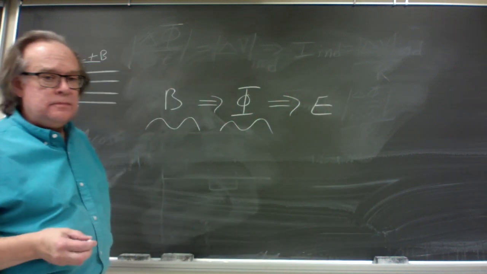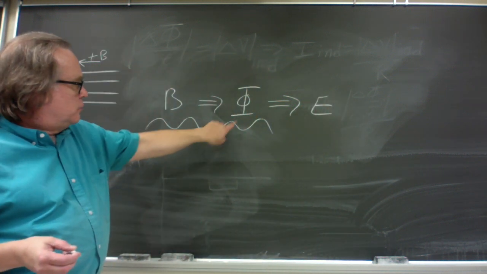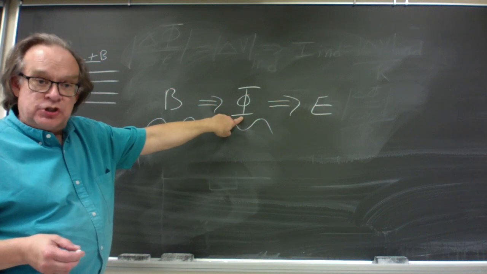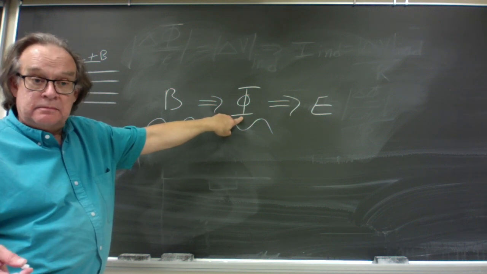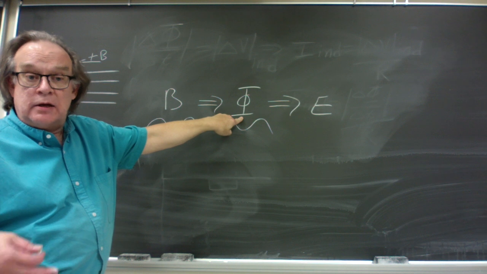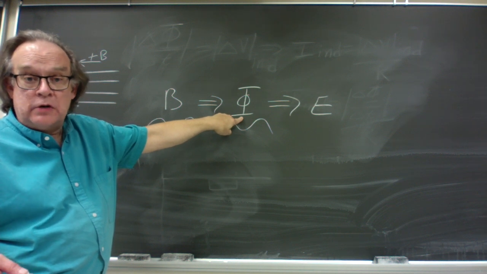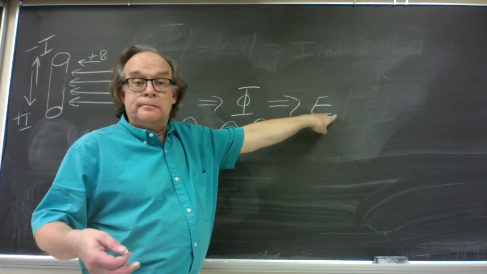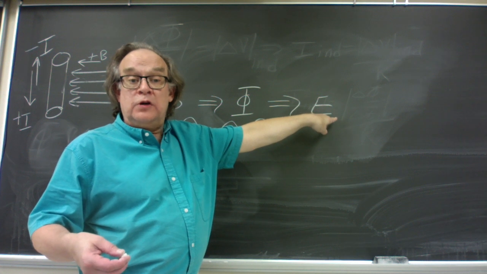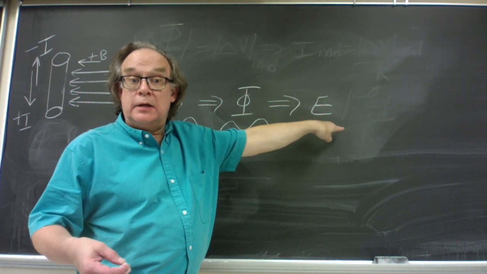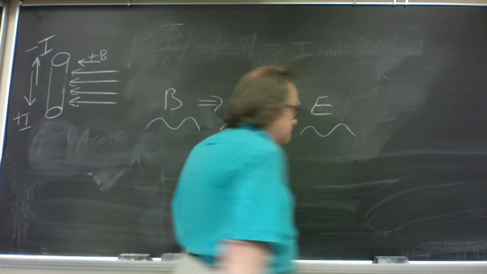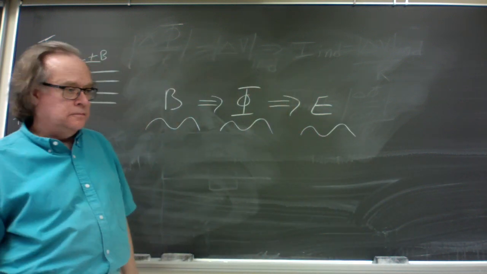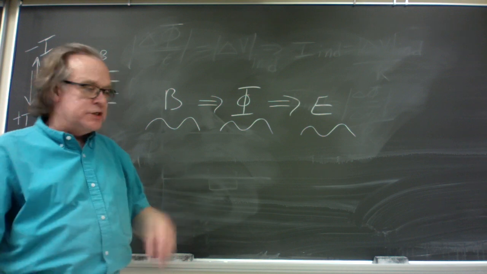Turns out that if the flux is oscillating like a sine or cosine function, the electric field that's induced will also be oscillating like a sine or cosine function. Actually, cosine or sine.